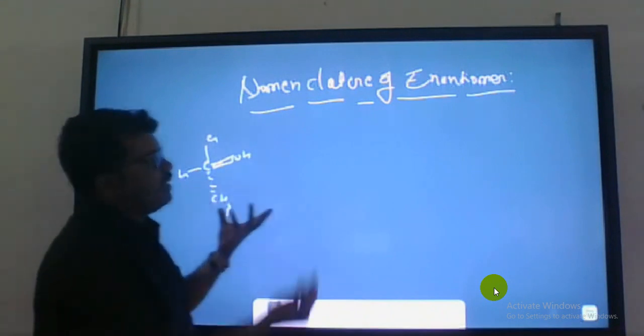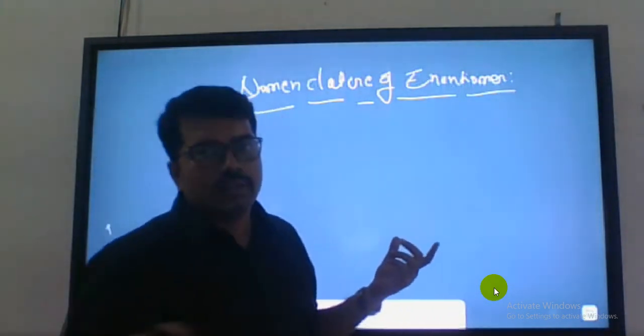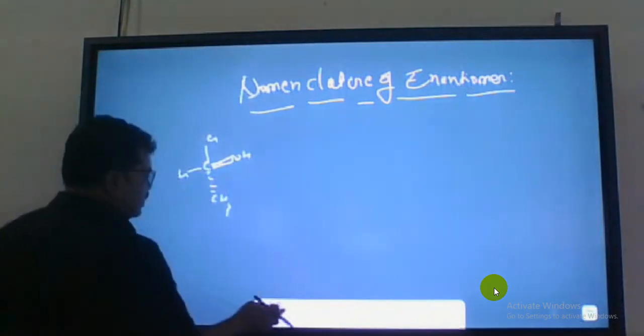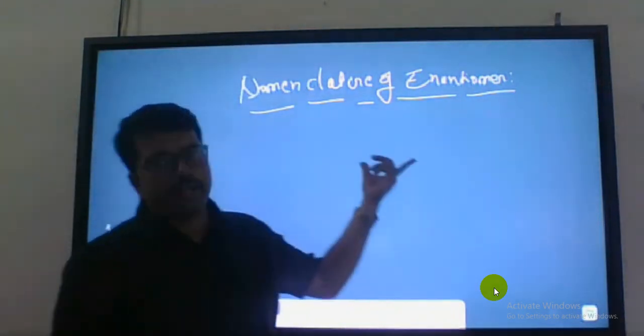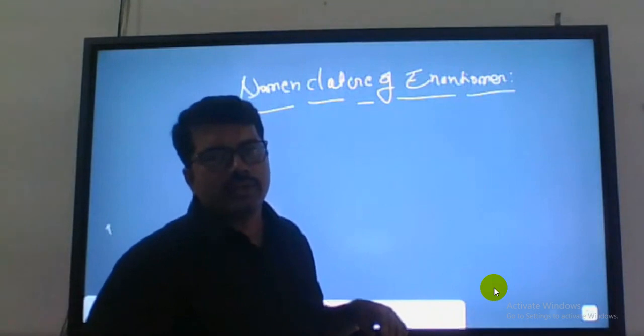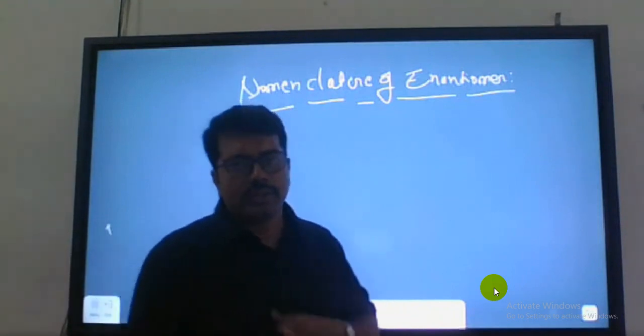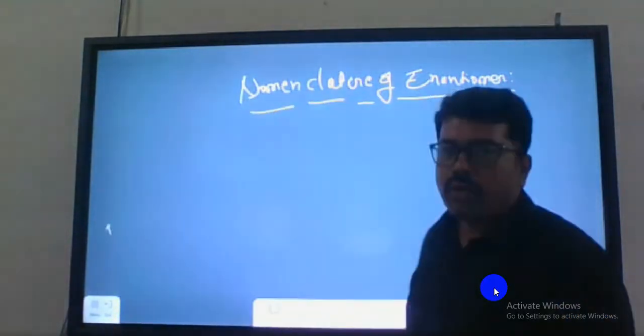If there is more than one carbon, it is more complex. So first, what is the nomenclature of enantiomers?